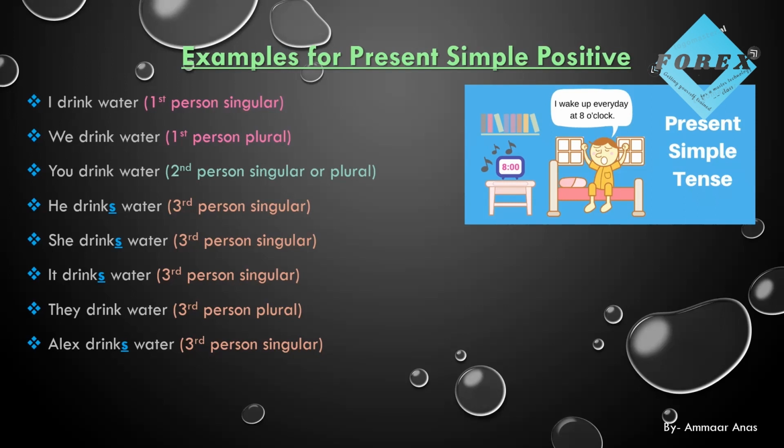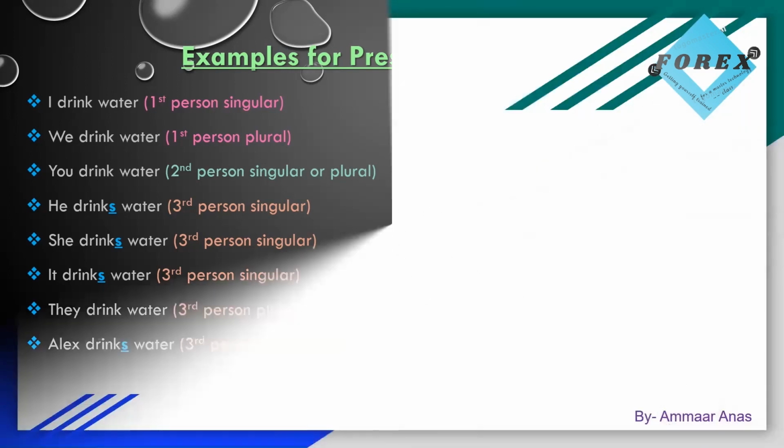We can address Alex in two ways: one by calling his name, and one by calling him. Like he, him, his, all are third person singular. If you didn't understand how this worked, I have given a link to my previous video. Over there, I have shown how the first person, second person, and third person work out. So let's move to the next slide.